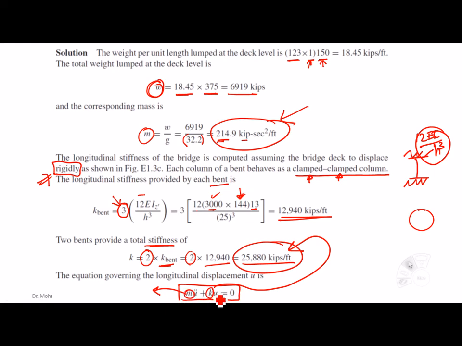U double dot of t and u of t are related to the motion itself, which is governed at every time. But we want to highlight what m and k are, the parameters that are constant while we are solving this equation.